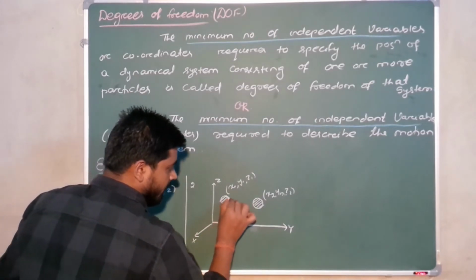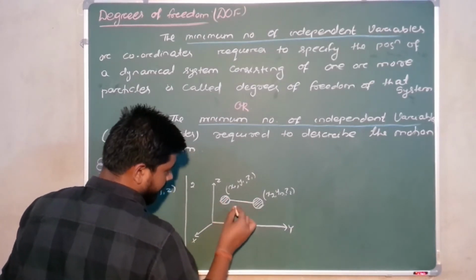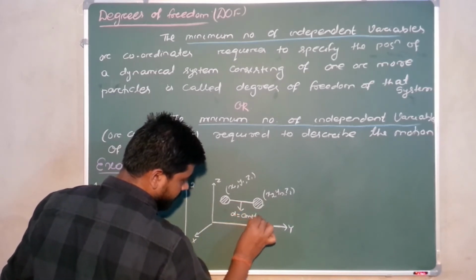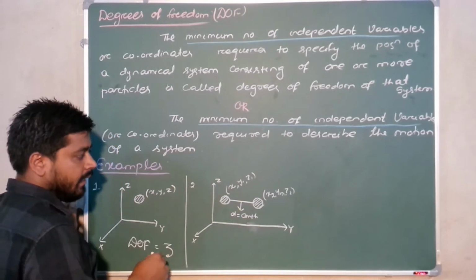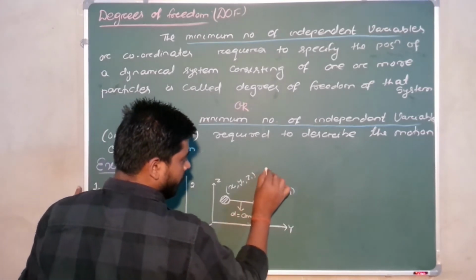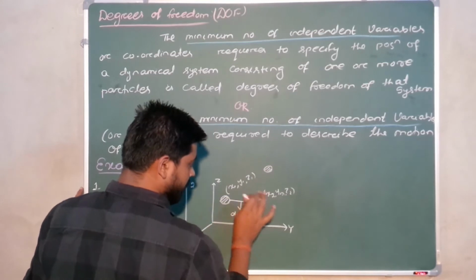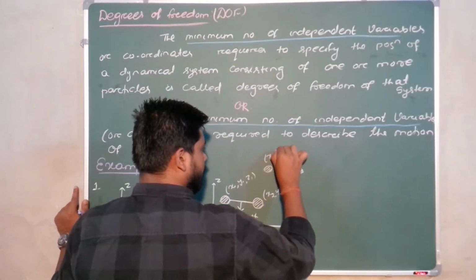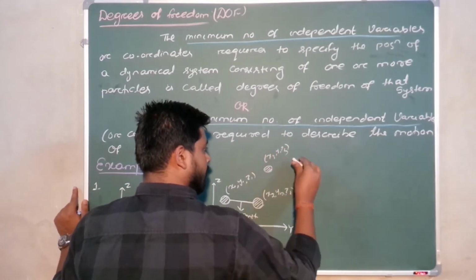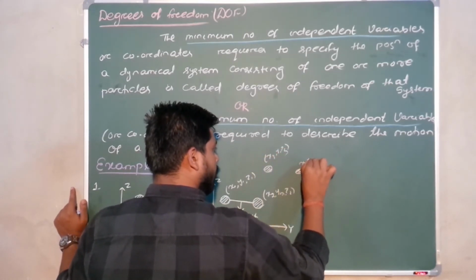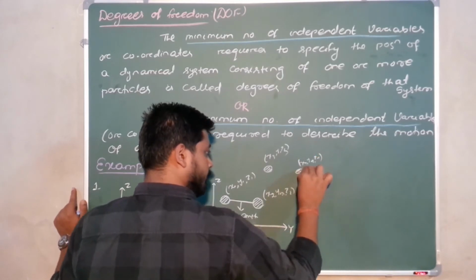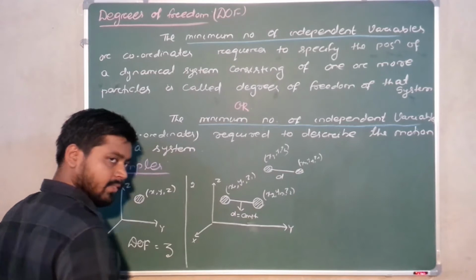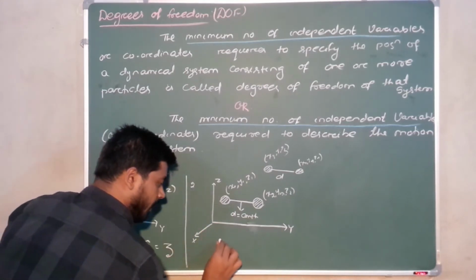If we fix a distance among them, let the distance be d, which is always constant, and the body is displaced from here to here, the same system having coordinates x3, y3, z3 and x4, y4, z4, still the distance among them is constant. Yes or no?